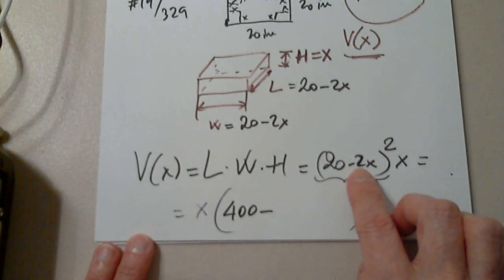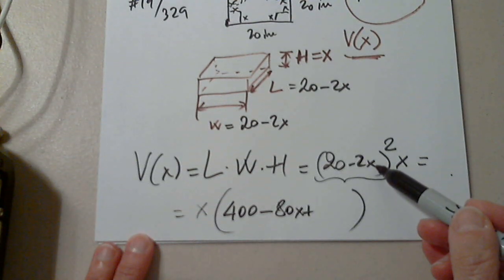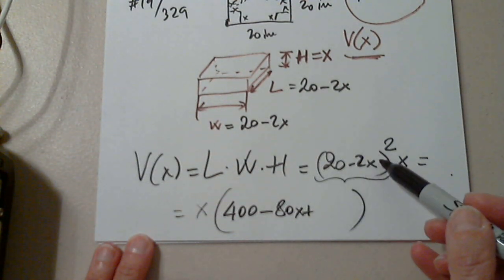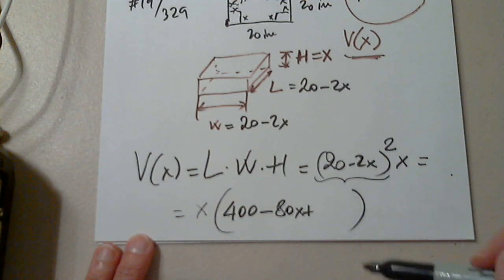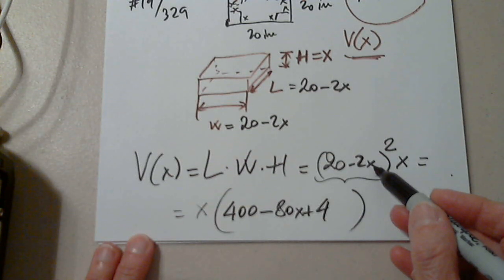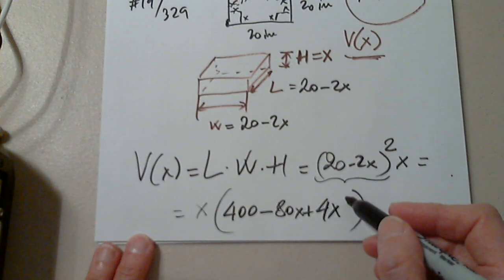So 2 times 2 is 4, 4 times 2 is 8. 80x plus 4x squared.